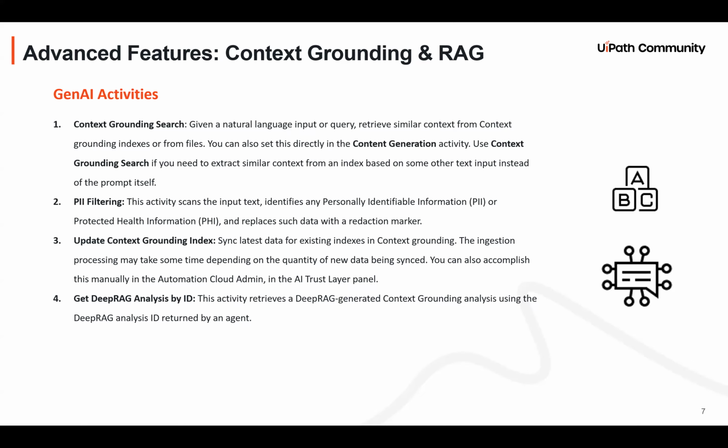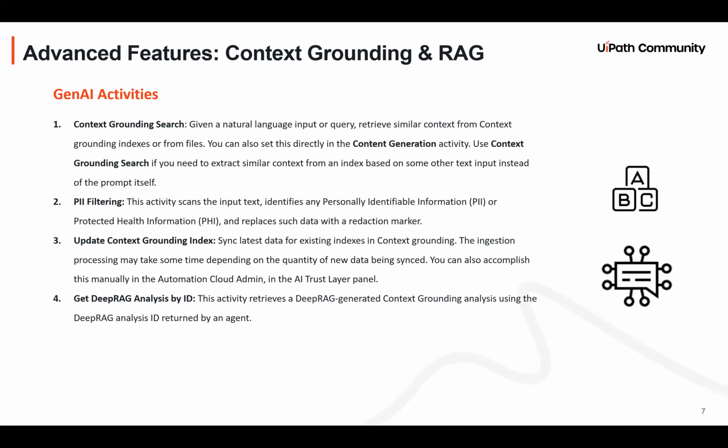We have another activity, the context grounding search activity. If we need to search for any particular logic or text in the context grounding index, we can use this activity to find whether that text or data is available in our context grounding index or not.